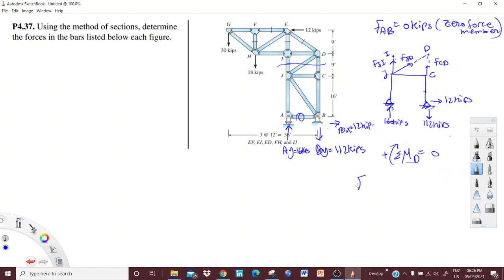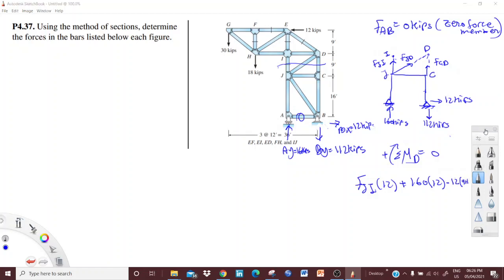So it will be FJI times 12, clockwise, plus 160 clockwise times 12, minus 12 counterclockwise times 9 plus 16, which is equal to 0.